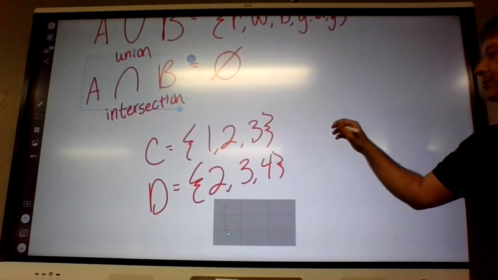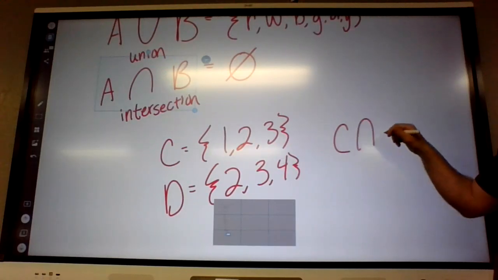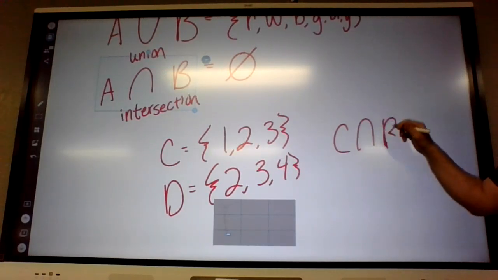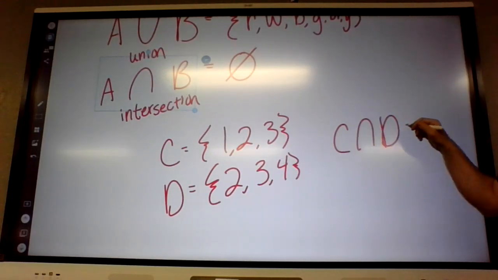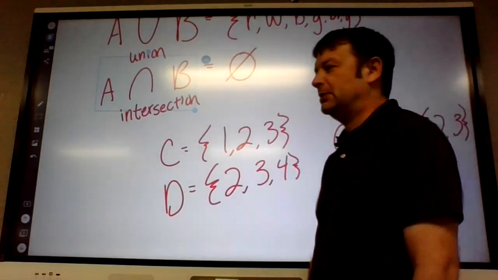Yeah, they both have 2 and 3 in common. So the intersection of C and D is 2 and 3. Okay?